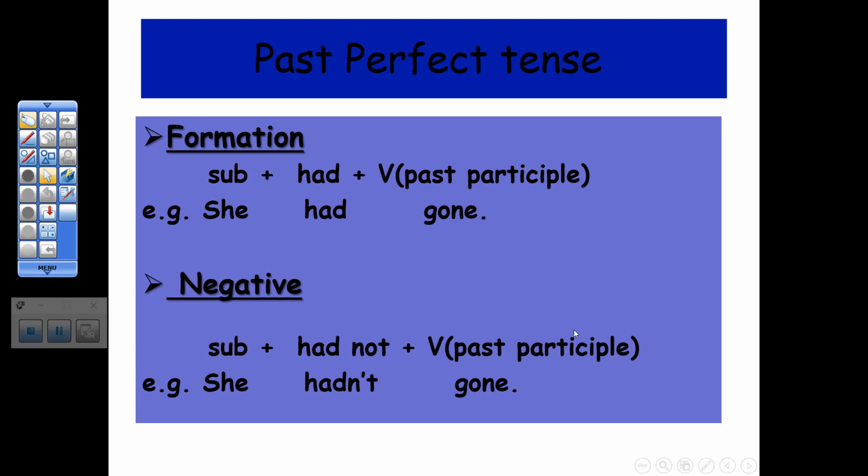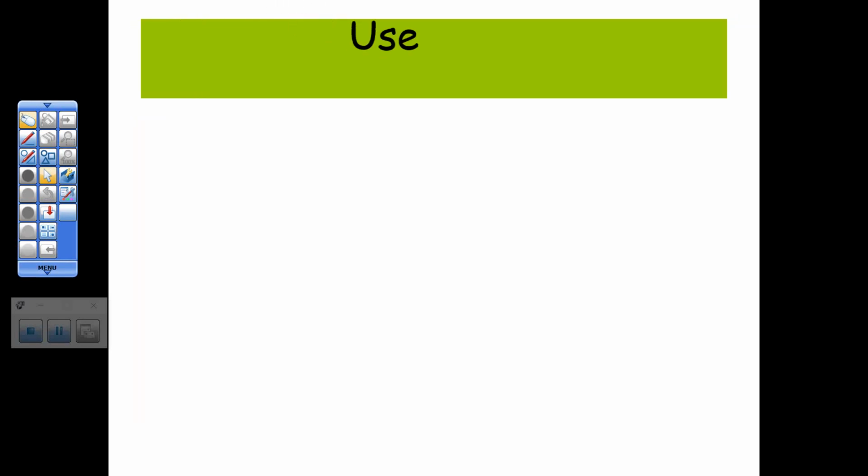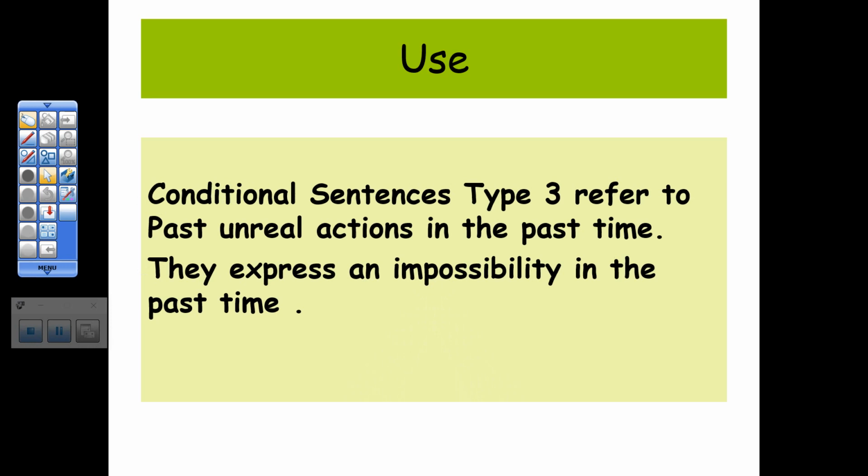Okay. Now, let's move to the uses of if conditional type 3. Conditional sentences type 3 refer to unreal actions in the past time. They express an impossibility in the past time.